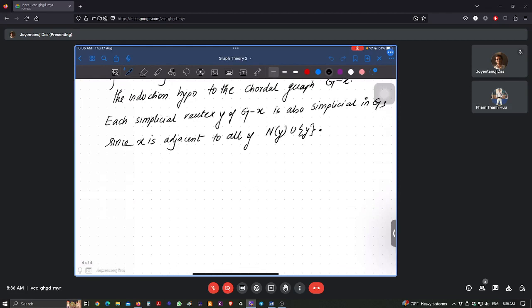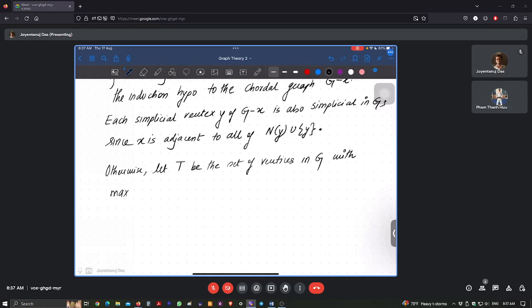Otherwise, let us take T to be the set of vertices in G with maximum distance from x, right?